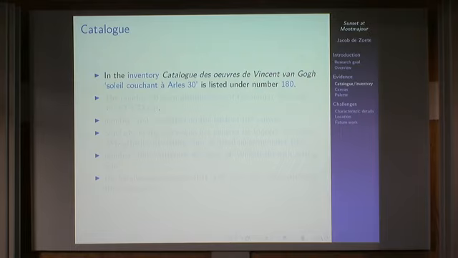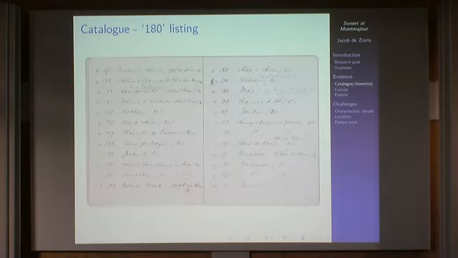And most of the paintings in this inventory have been linked to actual paintings now. For example, number 180 was still empty, which says sunset at Arles 30. So this is a picture of this notebook, and here it says sous la caution à 30.